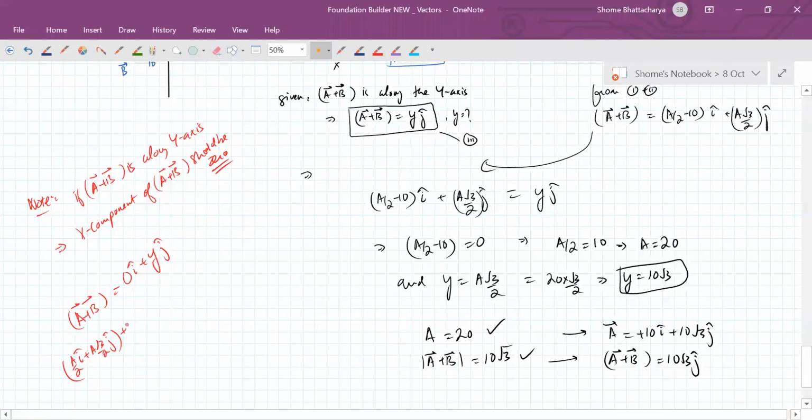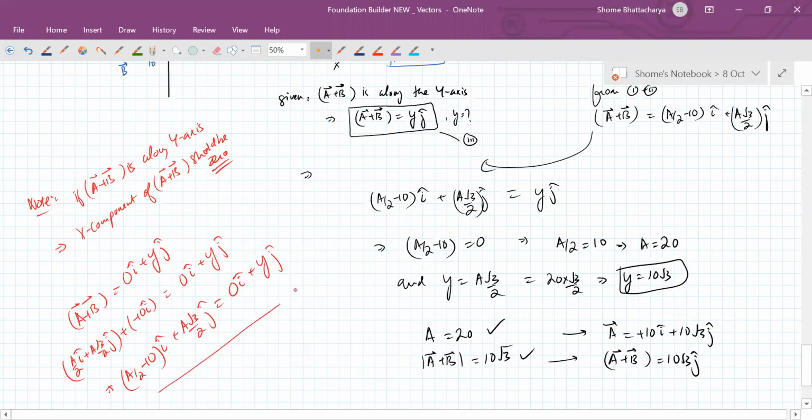So A plus B is this thing, and they should be equal to 0 i cap plus y j cap. So A by 2 minus 10 i cap plus A root 3 by 2 j cap should be 0 i cap plus y j cap. So equate the two sides, na? So equate the two sides and you will get this condition.